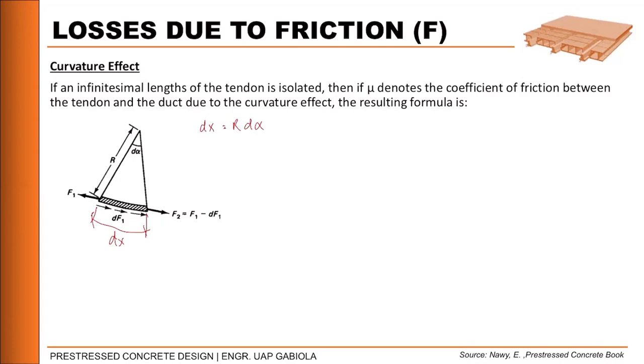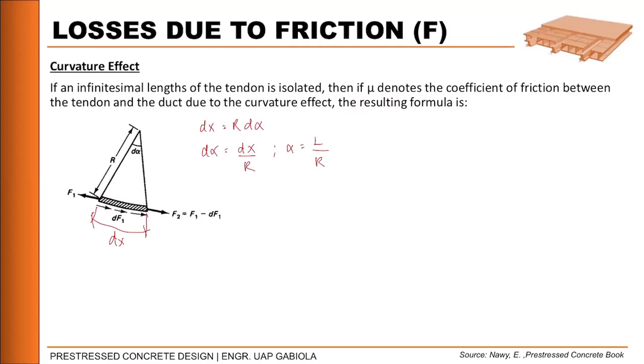And then, para makuha natin si angle alpha, we can have dx over r. Okay? So, kung hindi representative yung pinag-uusapan natin, this can mean na si alpha, pwede natin makuha as yung length natin na kino-consider for the curvature effect over yung R natin. Okay? So yan daw yung alpha natin pag kino-consider natin.